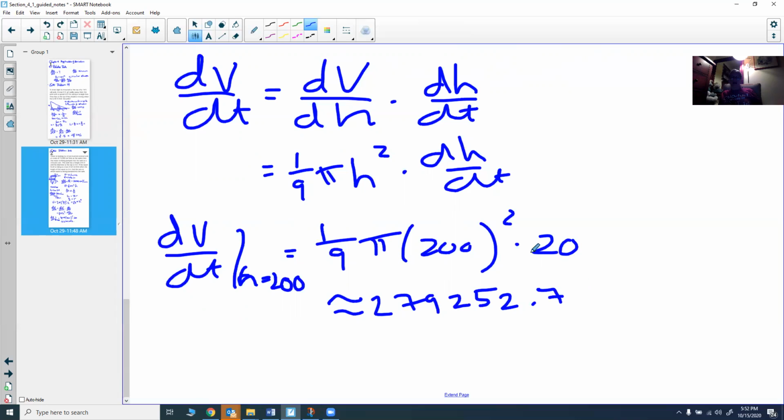This was centimeters squared times centimeters, so it's centimeters cubed, and this was per minute. That's good because volume should be in centimeters cubed.